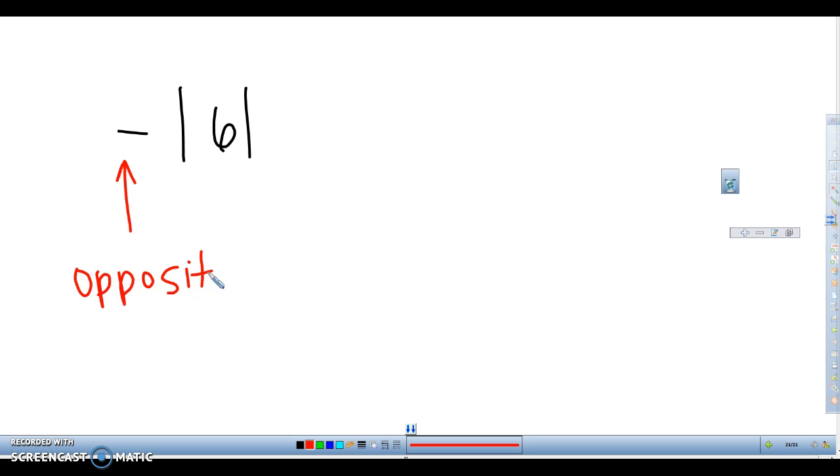So sometimes we have a negative symbol in front of the absolute value. Remember that negative symbol out in front can mean opposite. So here I'm looking for the opposite of the absolute value of 6. So the first thing we need to do is to evaluate the absolute value.